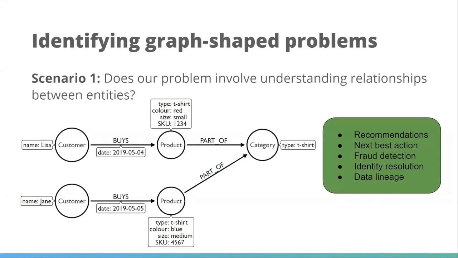If you think about that data being stored in a table, it's not obvious that there's a connection there. But if we pull that out and draw the connections between individuals and these elements of personal data, then we can start to observe these fraud rings because they have a long connection to each other. And that's a really powerful way of applying a graph to ask that question, to try and spot those patterns.